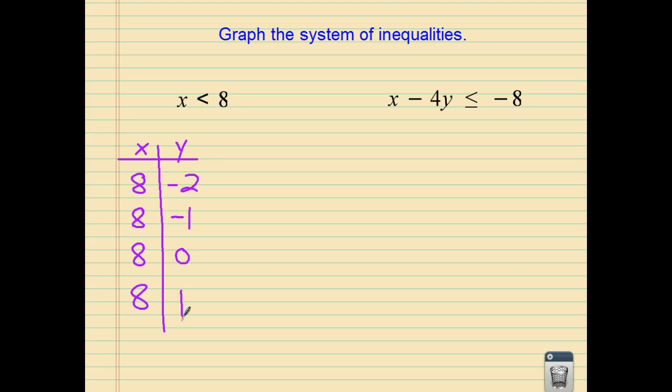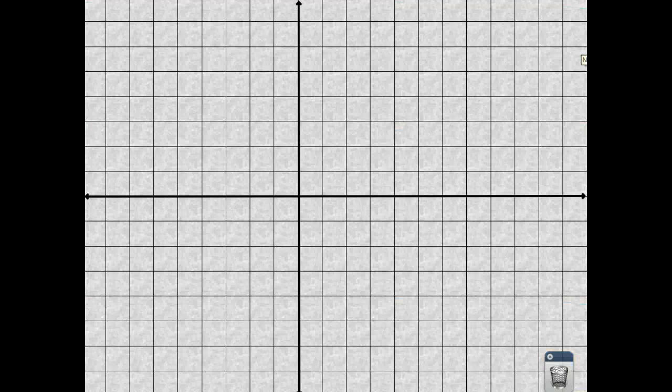So if x is less than 8, I have all of those ordered pairs. (8, -2): 1, 2, 3, 4, 5, 6, 7, 8, -2, and then (8, -1) would be right here, (8, 0), and then (8, 1).